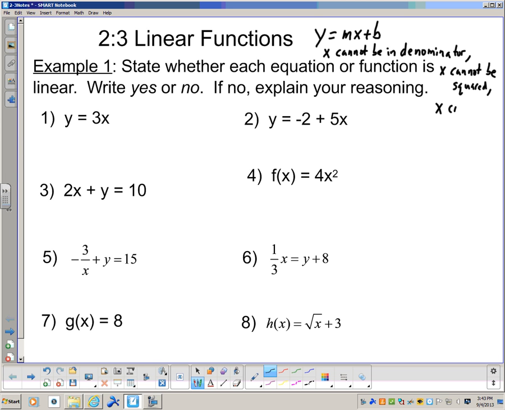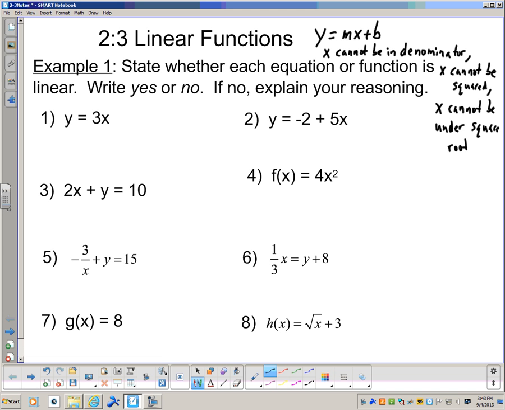X cannot be underneath the square root. So those are some conditions that exist for an equation to be linear or not. So let's go ahead and look at each of these.